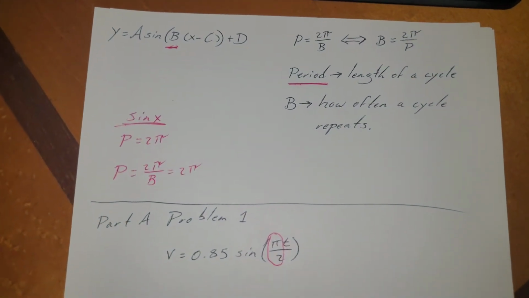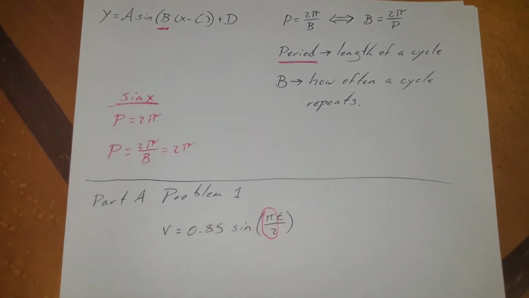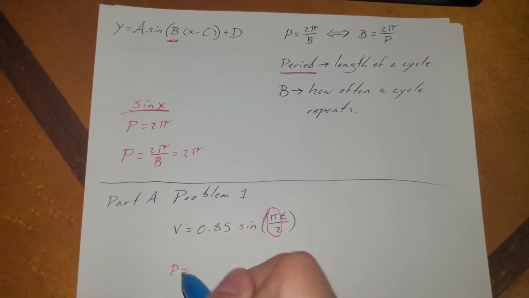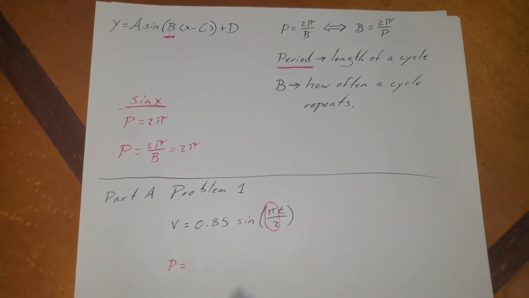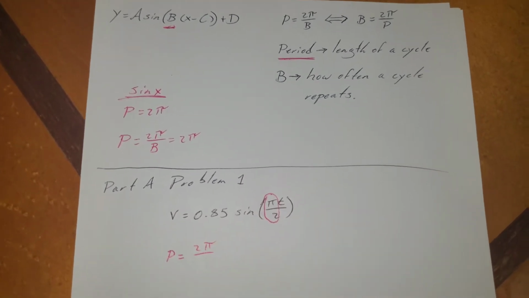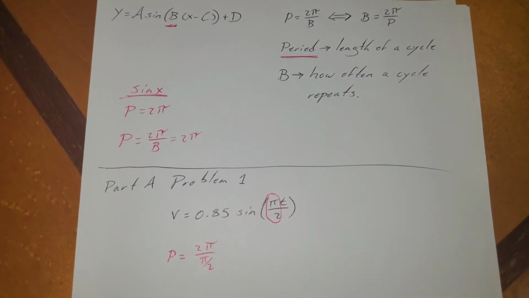Okay, so this is B. Now B helps us find the period, which is what we want to find. The period is equal to 2 pi over B, which is pi over 2.